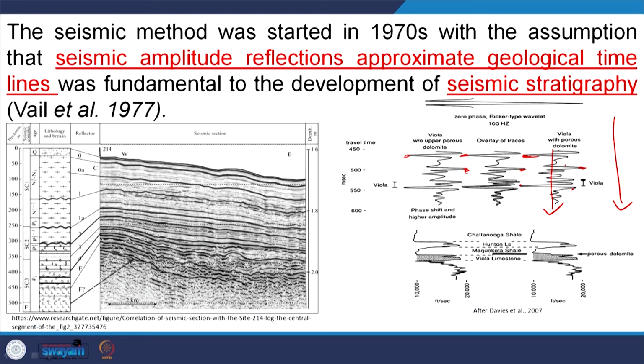The formation properties may change due to density change, lithological change, or presence of fluid within that. So, these changes can be retrieved from these amplitude changes, and this can be interpreted to different litho units, and these litho units are related to geomorphic processes.